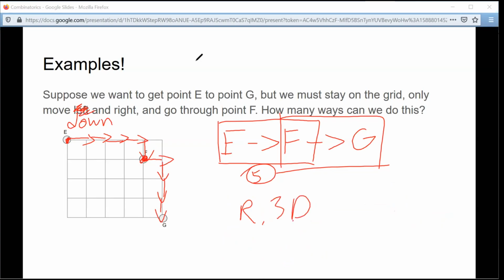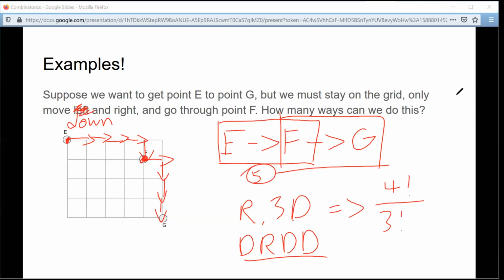So how many ways are there to arrange 1 right and 3 downs in a 4-letter word? Okay, good, you guys got this. So an example would be D R D D. And the way you would calculate this is 4 factorial divided by 3 factorial to account for the overcounting with the 3 D's. And that would give you 4.